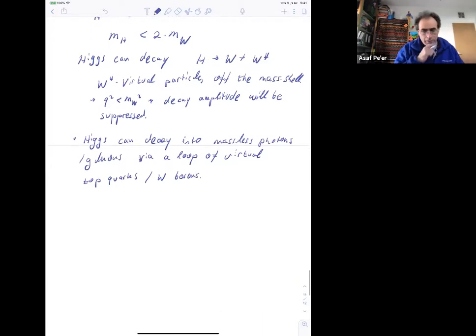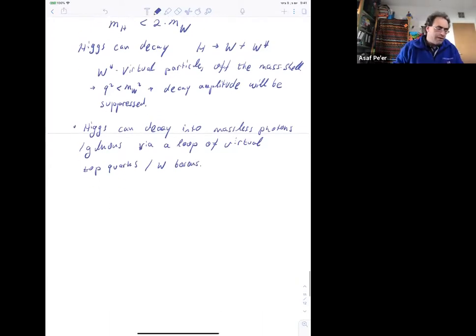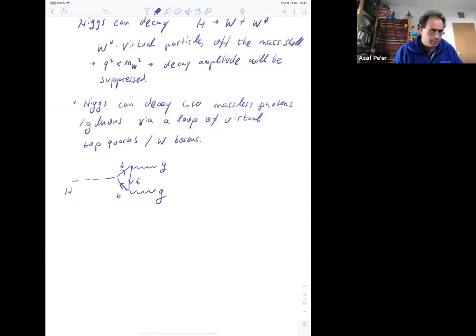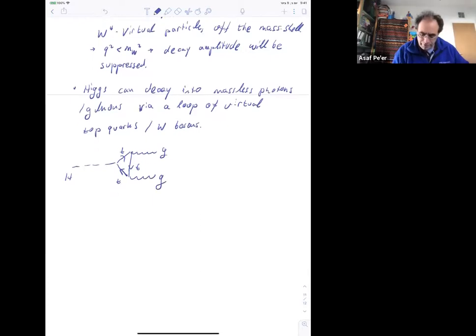So the relevant Feynman diagrams will look something like that. The Higgs is denoted with a dashed line. It can make a loop of virtual top quarks, and then the loop can decay into gluons or into photons.